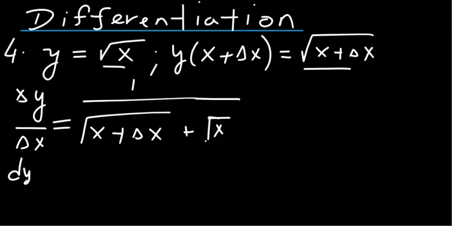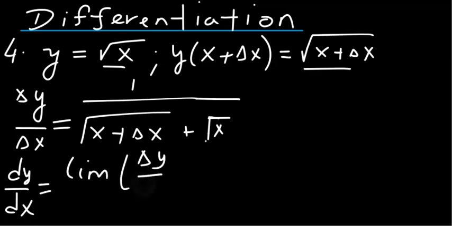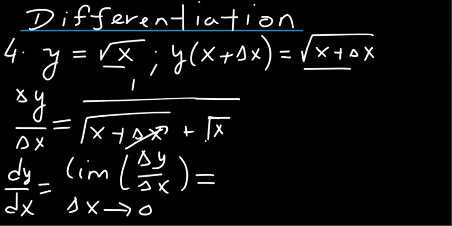Finally, we can compute the derivative, because this derivative is, after all, the limit of the ratio that we have computed above as delta x tends to 0. And as delta x tends to 0, that's going to go away to 0, and the entire fraction will simply become 1 over 2 square root of x.